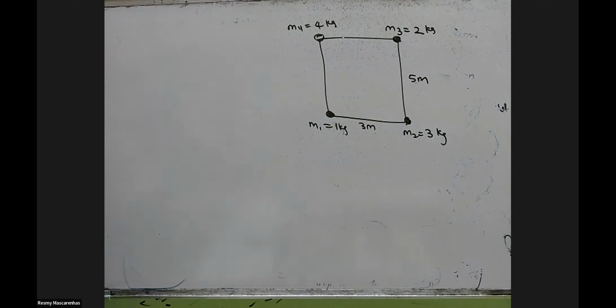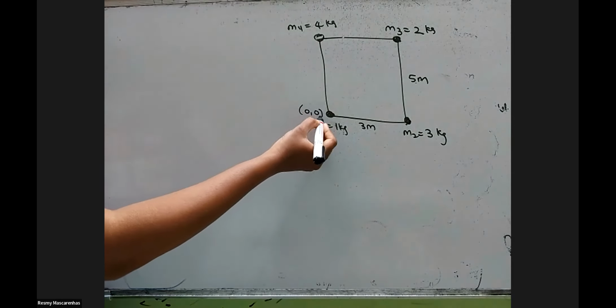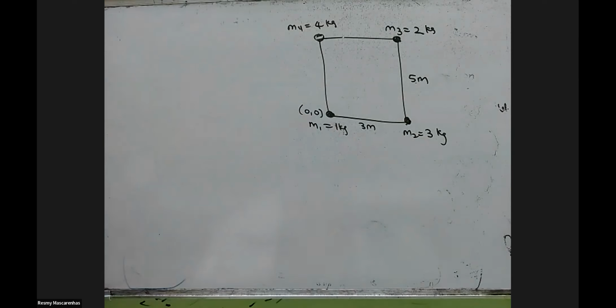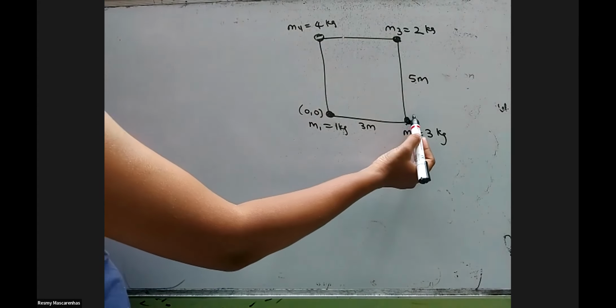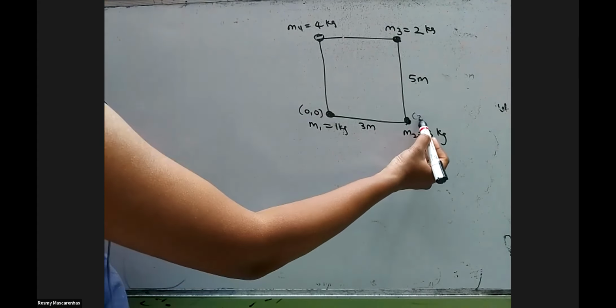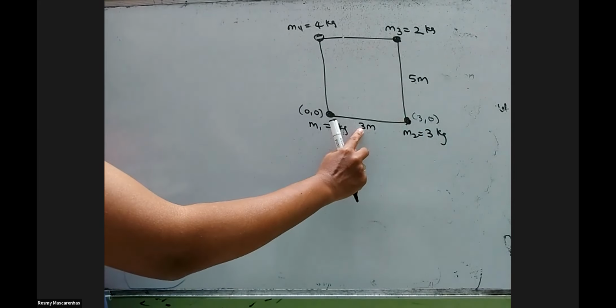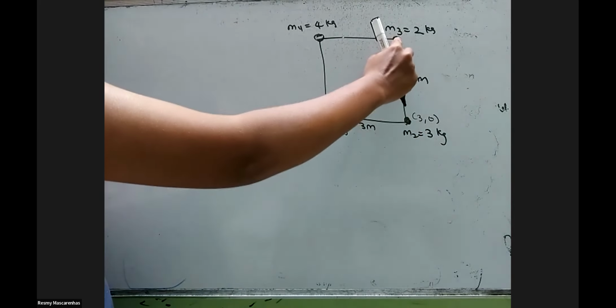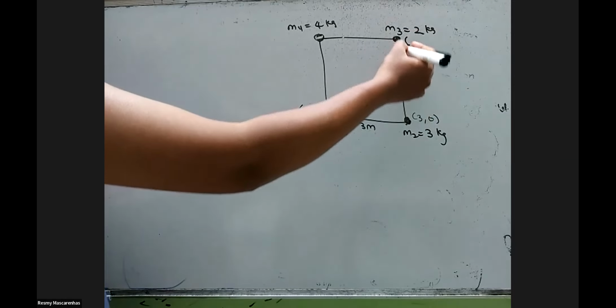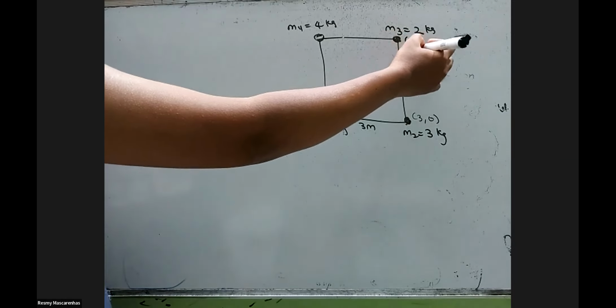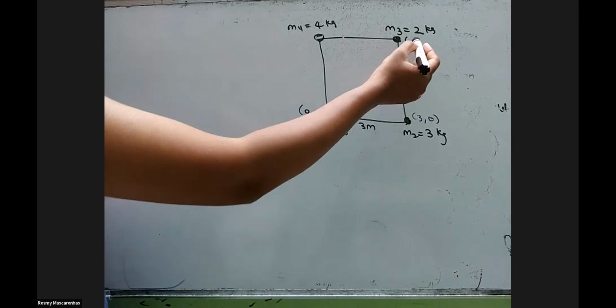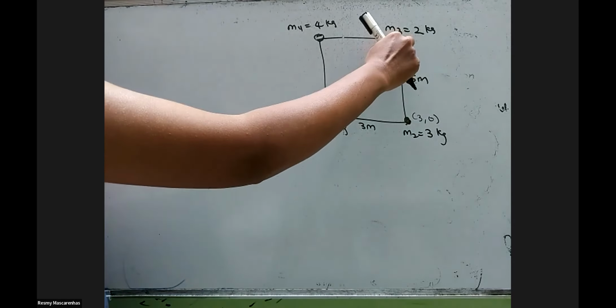Now this obviously I'll take it as 0, 0. From here to here will be 3, 0, because from here to here distance is 3. Now here to here it is 5, but we are on the y-axis. Now before that, this is in the middle.